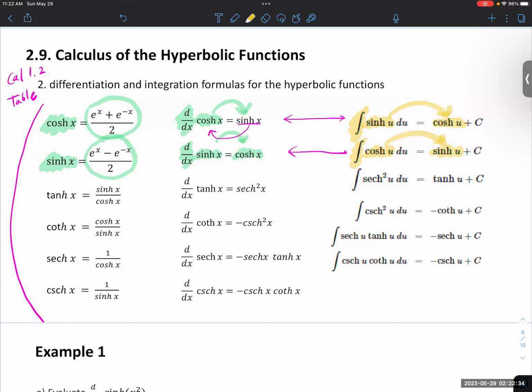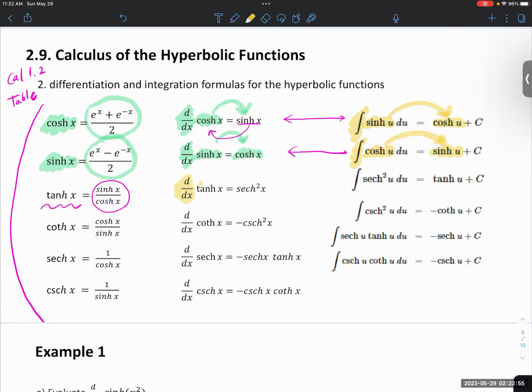So if I want to add one more thing, the tangent is the same as sine over cosine. So that's why it is a sinh over cosh function. If you remember, we spent a long time to prove that the derivative of the tangent is going to be secant squared x. So the same thing is happening.